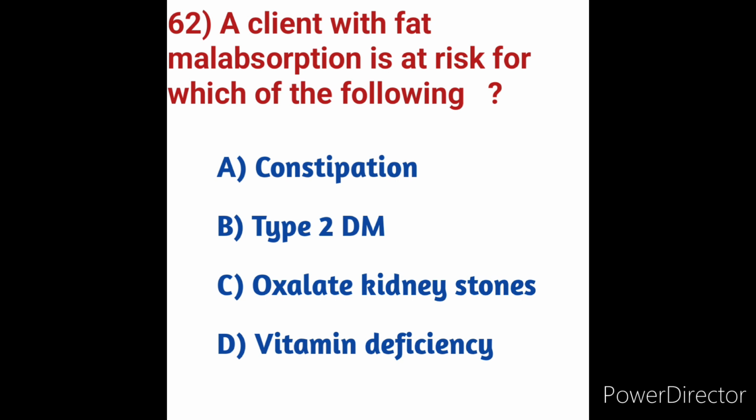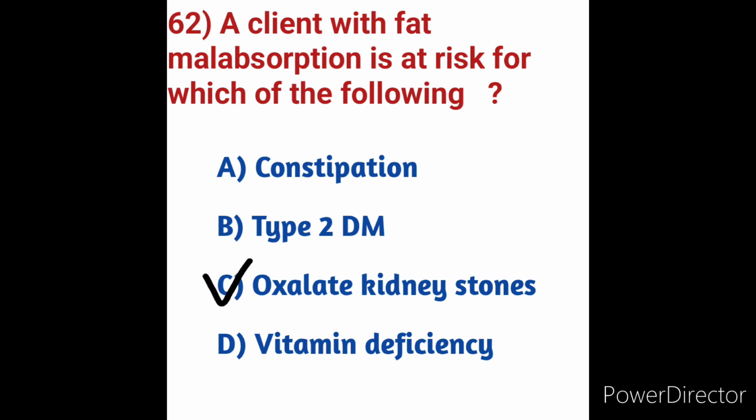The results of this study support the concept that severe malabsorption of dietary fat plays a primary causative role in enteric hyperoxaluria. So here, oxalate kidney stones. The client with fat malabsorption is at risk for oxalate kidney stones. So in these options, option C is the correct answer.